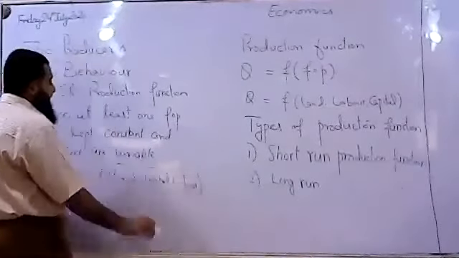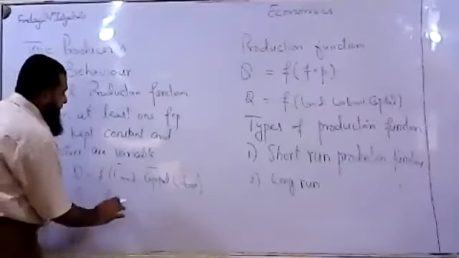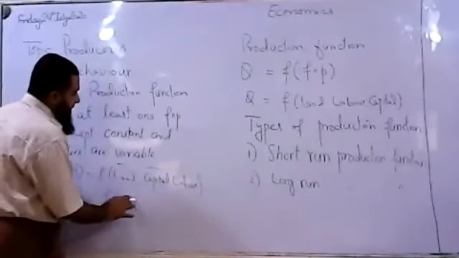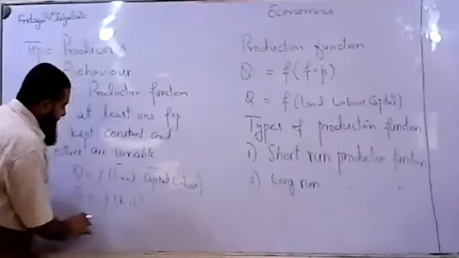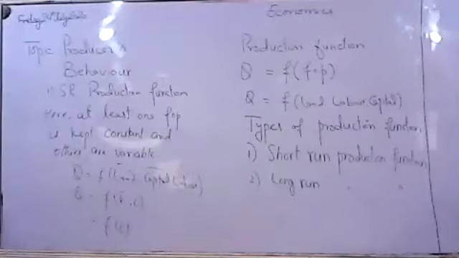If we take capital and land fixed, then production will be the function of labor. Land is usually kept fixed, capital and labor, and if capital is also fixed, we say production is a function of labor now.